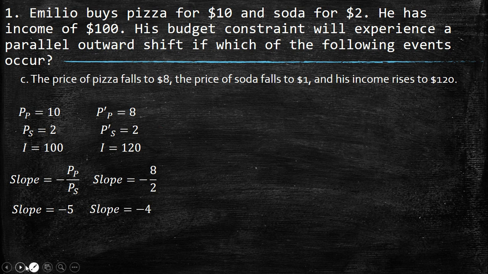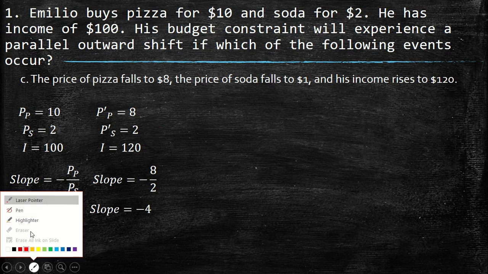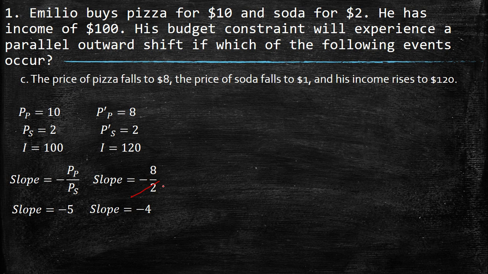Actually, I would say that is wrong, because if the price goes to 1, it should be over 1, right? And then this one should be minus 8, right? Then this is different, so we cannot go on because the slope is different, so it doesn't work. It's not a parallel movement.